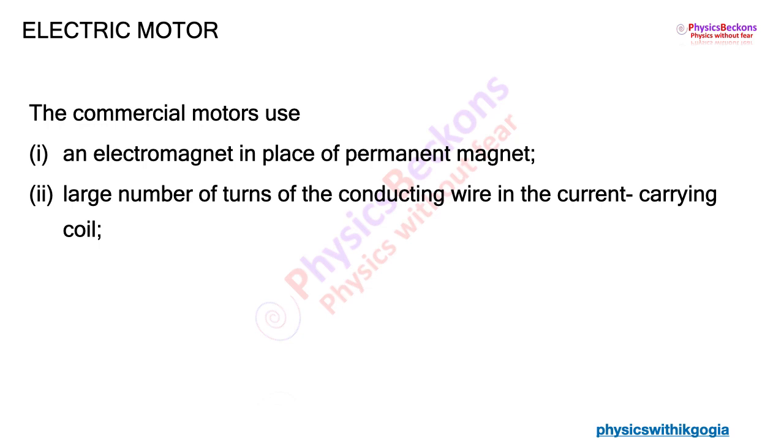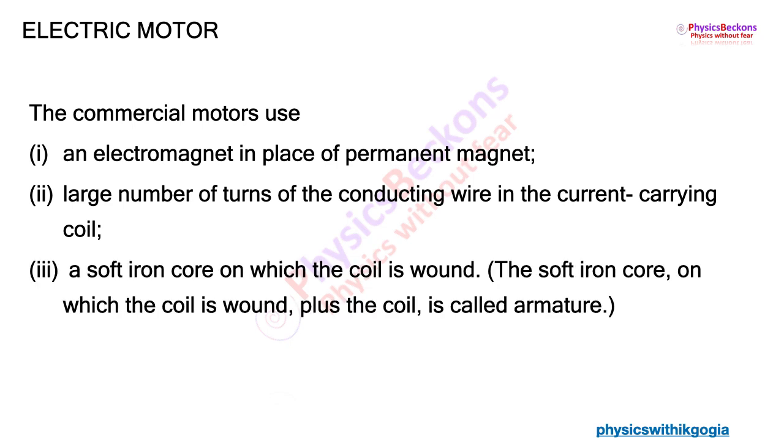There is a large number of turns of conducting wire in the current carrying coil. We have a soft iron core on which we mount the coil. The soft iron core along with the coil, they are called armature. So armature consists of a soft iron core on which we wound the coil.